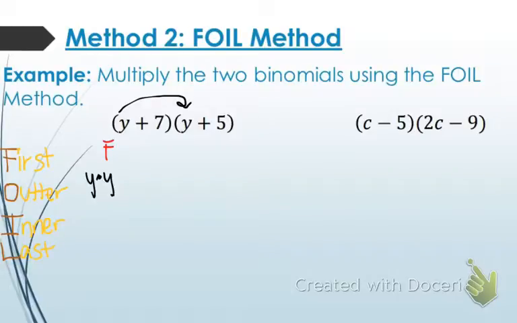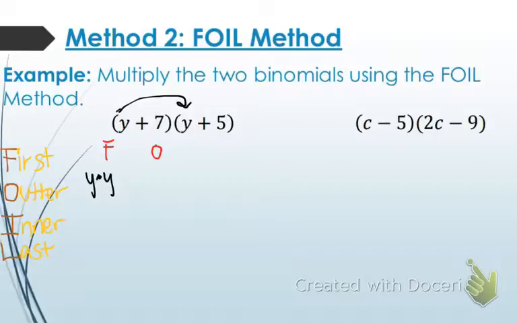Now, you might want to be using arrows because it's very nice how it helps you organize your work. Okay. Next, we're going to use the outer, the O. This is this first term times the second term of the second polynomial. So the two outer ones, as you can see. Okay. So this is O.